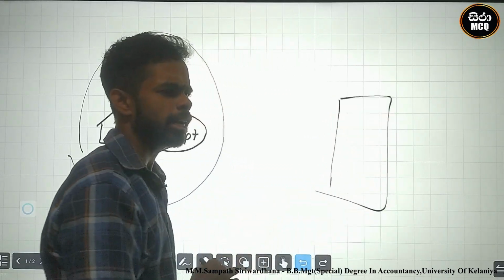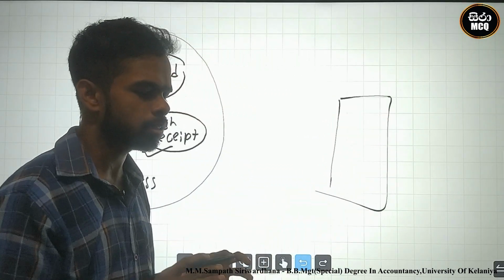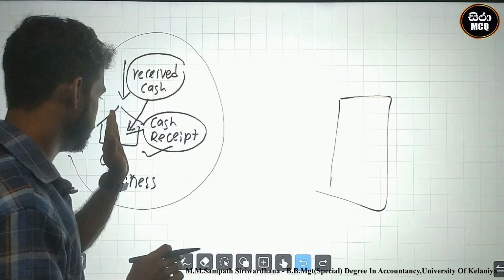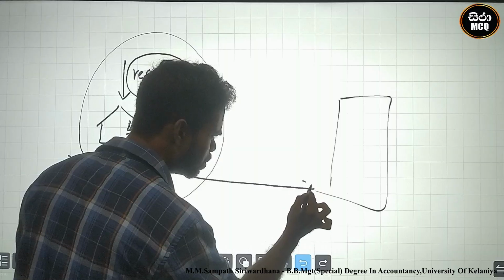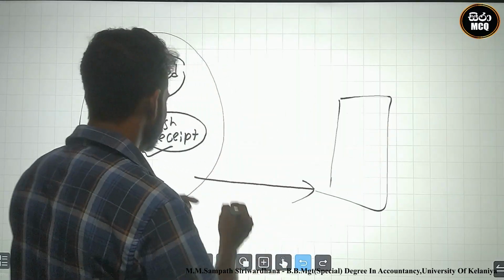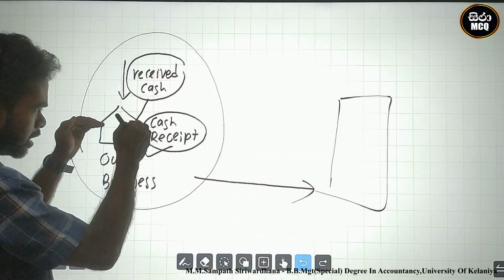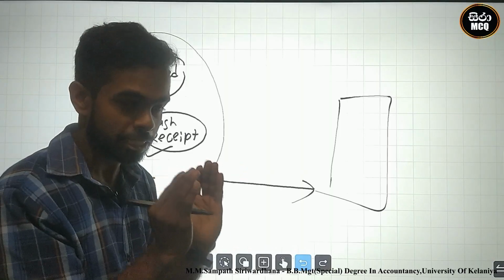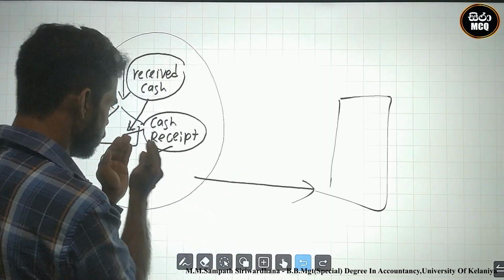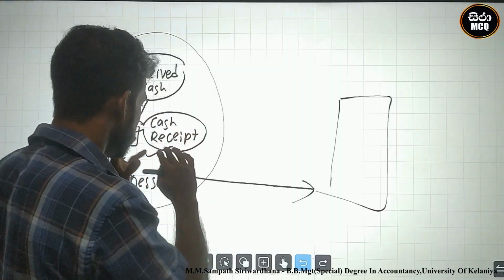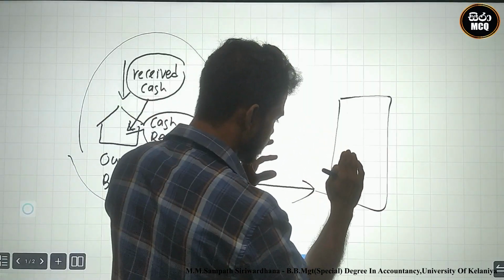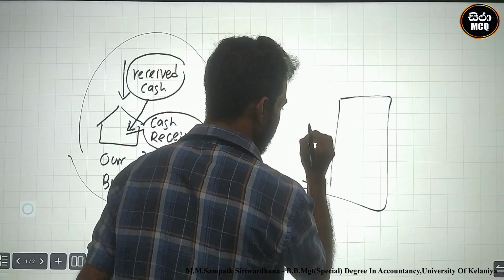Why? All cash does not remain in our business. Immediately we go to the bank and deposit. Firstly, we prepare the cash receipt and accumulate it. After that, all cash is deposited in the bank account.